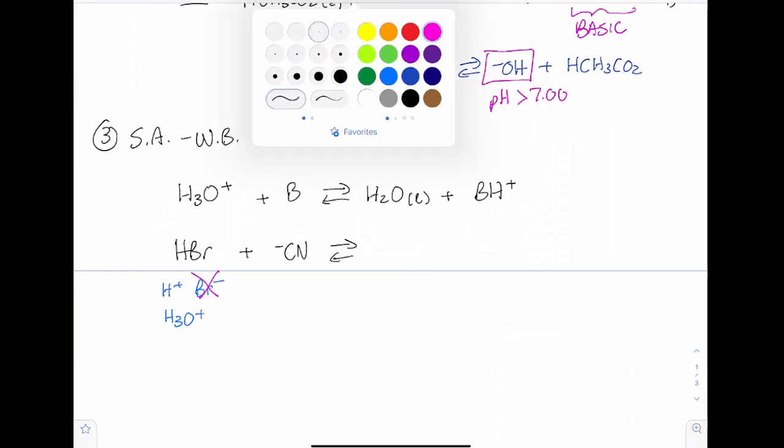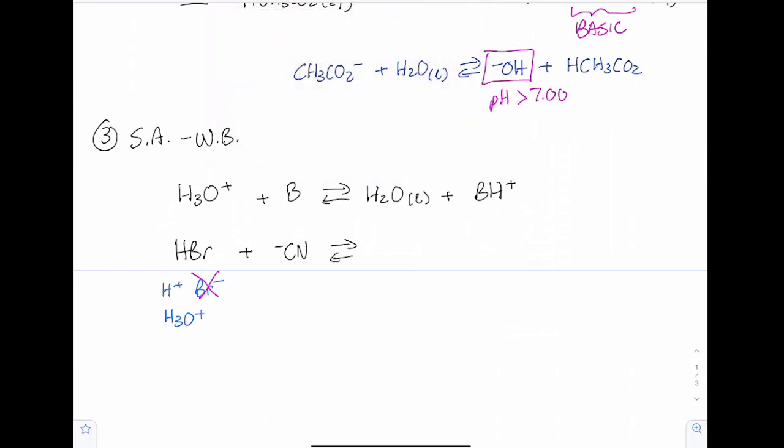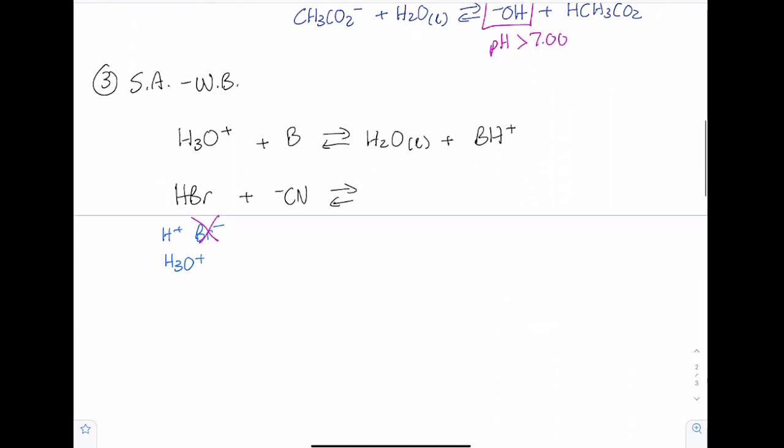It is inert. So I'm going to end up with a net ionic equation of H3O plus and CN minus. My hydronium ion is going to lose a proton, so only 2 of them here, and I get HCN.